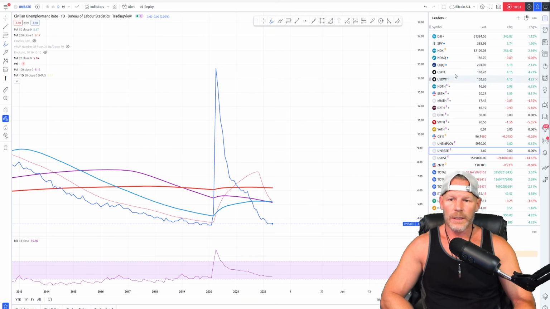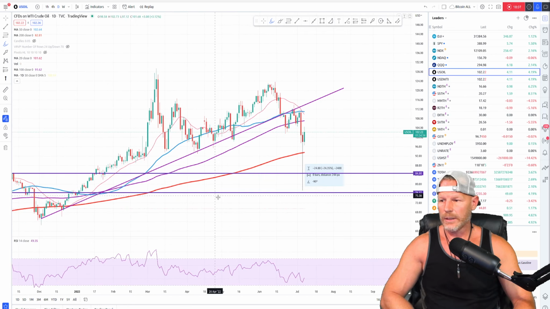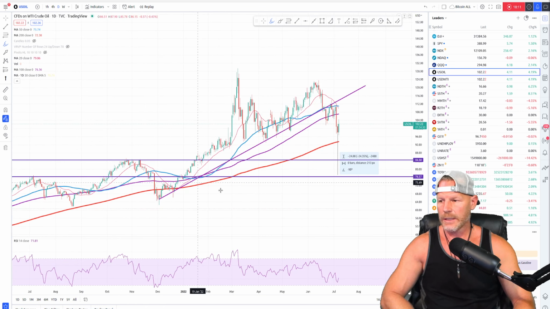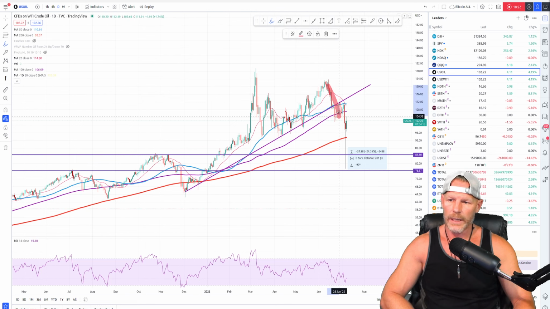Another thing I'm seeing here real quick before I jump to our outro is U.S. oil, as I expected, is coming down. It has broken below this ascending channel of sorts. Not really a channel, but we have got a big strong support here. We've been in an uptrend on oil since December. All right, and we broke below that, and you have a nice, beautiful bear flag here on oil.